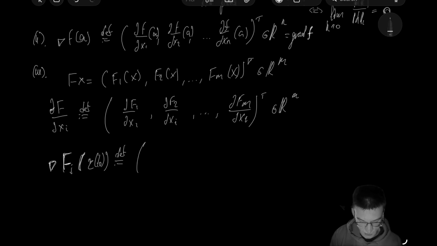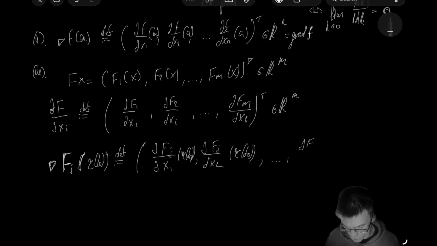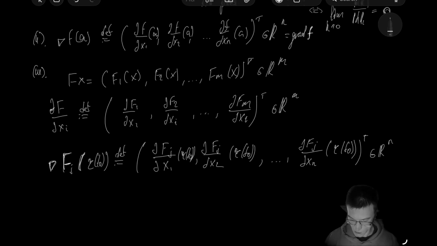So this is by definition the partial derivative of fj over, here it becomes interesting, over x1, partial derivative of fj over x2, and also this is from gamma of t0, and then until the partial derivative of fj over xn, because we only have n different variables here, also from gamma of t0. Transpose belongs to n-dimensional space in this situation. Okay, cool.